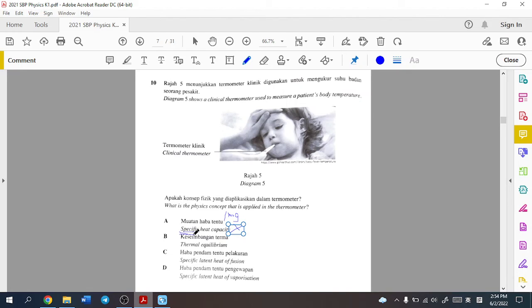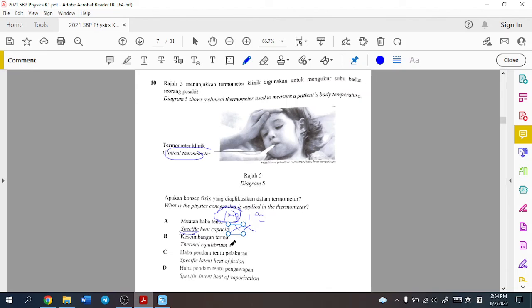If it doesn't have this word specific, you can neglect this 1 kg. So specific heat capacity is the amount of energy you need to increase the temperature of 1 kg of substance by 1 degree Celsius. This has nothing to do with your thermometer, so this is no.